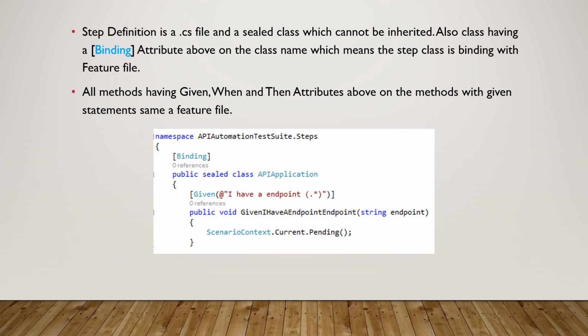And if you see the Given, "I have a endpoint" with (.*) in brackets, it means we are passing something from the given statement, and that should be treated as a parameter. So we have passed that as a parameter in the definition method. It says public void GivenIHaveEndpoint, and in the curly brackets, the parameter is passed as string endpoint.